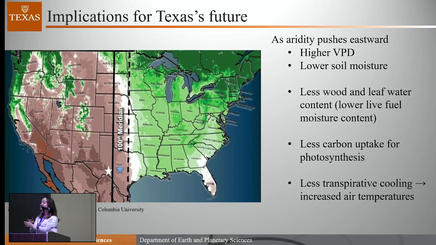So in this case, what we're referring to is simply the dividing line between the arid west and the humid east.